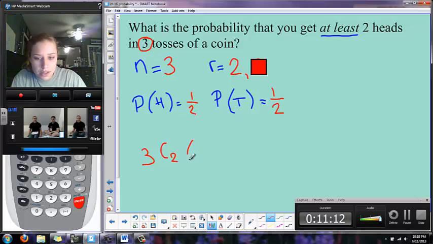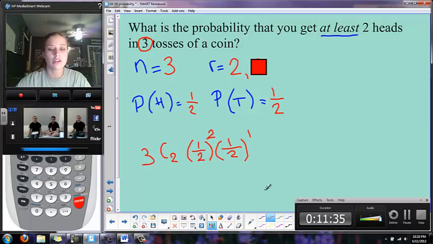My probability of success was heads and my probability of failure was tails. How many times do I want heads to occur? What's my R value? I want 2 heads. Well, if I'm tossing the coin 3 times and 2 of them are heads, that means I only have 1 left over to be tails. Okay, no problem.